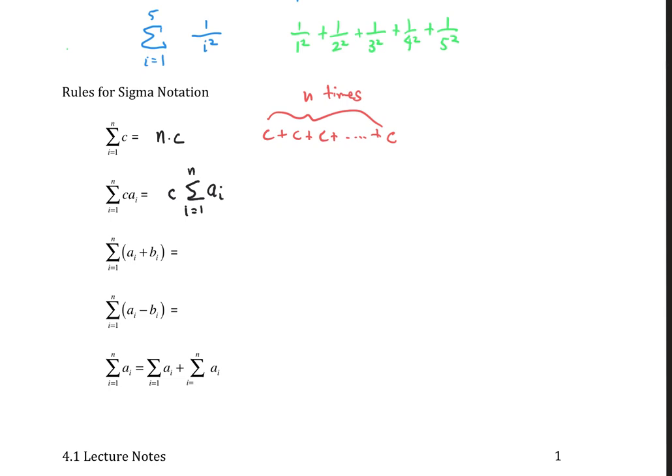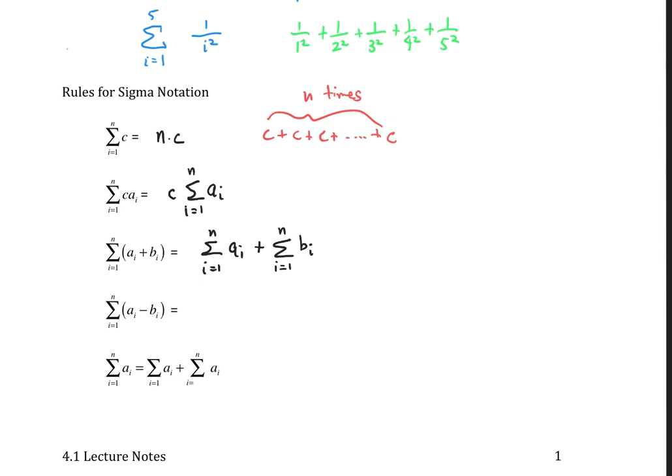If you have a sum that involves two general terms there, you can split your sum into 2 pieces. So you could add all the a_i's together first, and then add all the b_i's together.